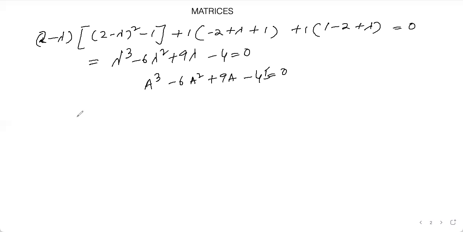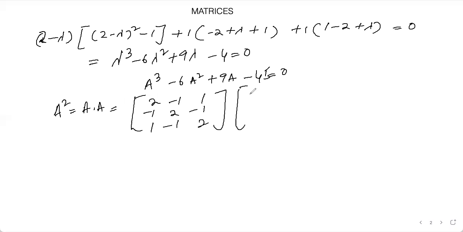So we'll verify that. A square is A into A. So that will be the matrix 2, minus 1, 1, minus 1, 2, minus 1, and 1, minus 1, 2, right?